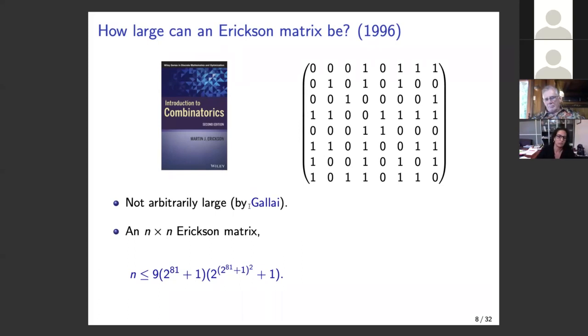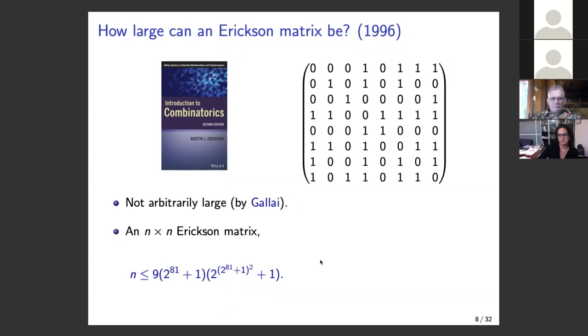This is a consequence of a classical theorem in Ramsey theory called Gallai's theorem. Anyway, Ericsson himself already knew that the answer is not arbitrarily large. He proposed as an exercise in his book that the size of an Ericsson matrix needs to be smaller than this huge upper bound.